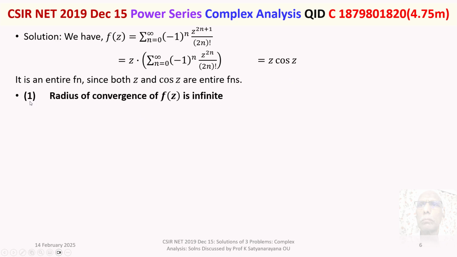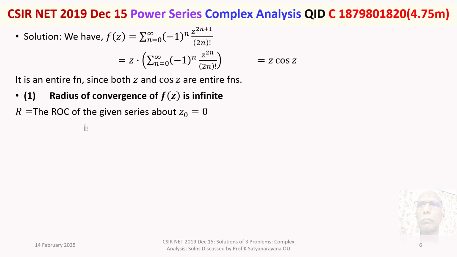So we now discuss option 1, radius of convergence of f of z is infinite. There are many ways of computing the radius of convergence, but I prefer this one. Capital R is the radius of convergence of the given series about z naught is equal to 0, about the origin.